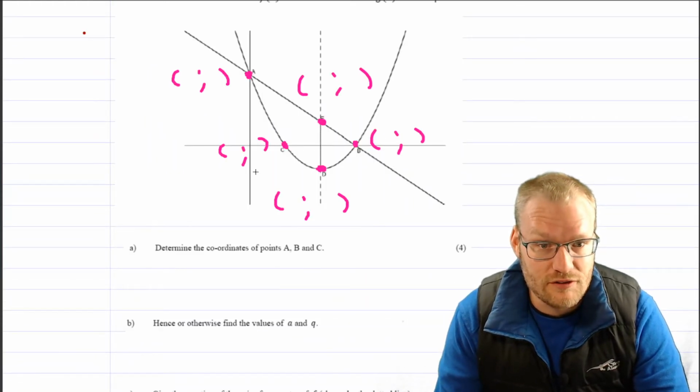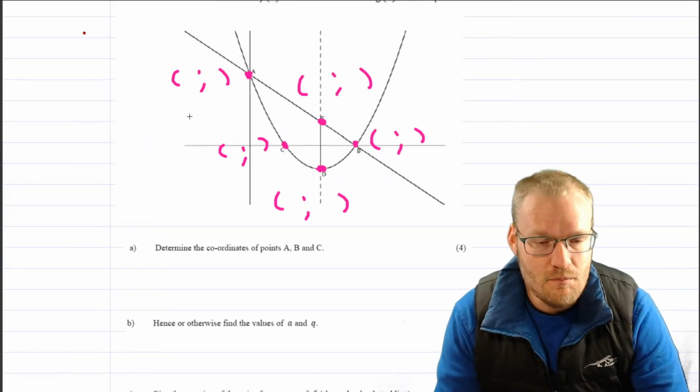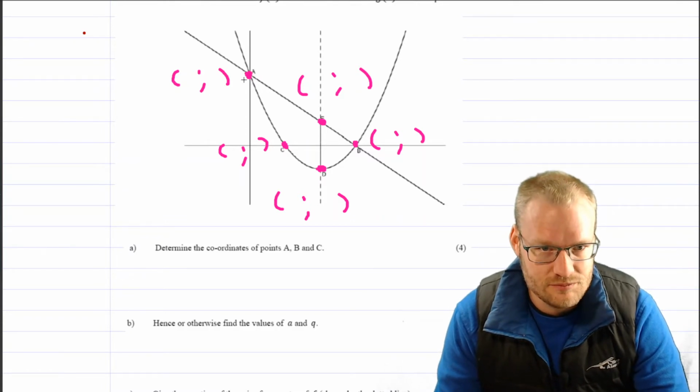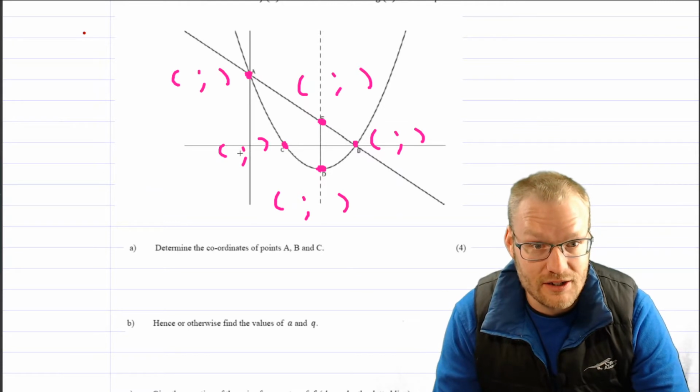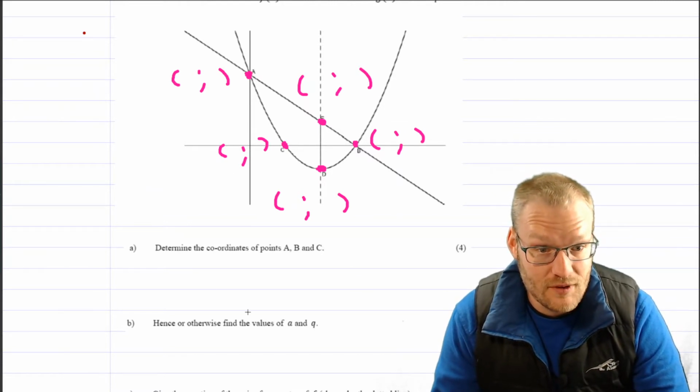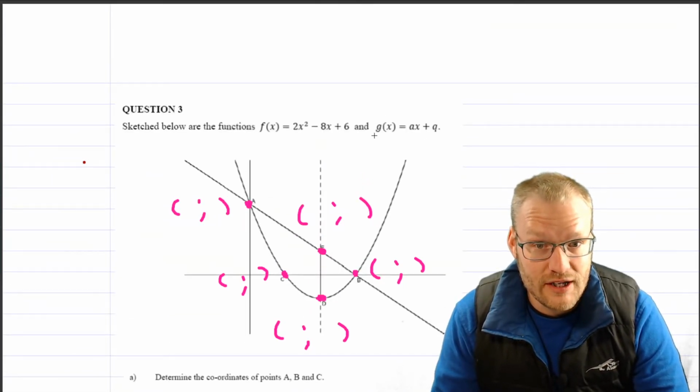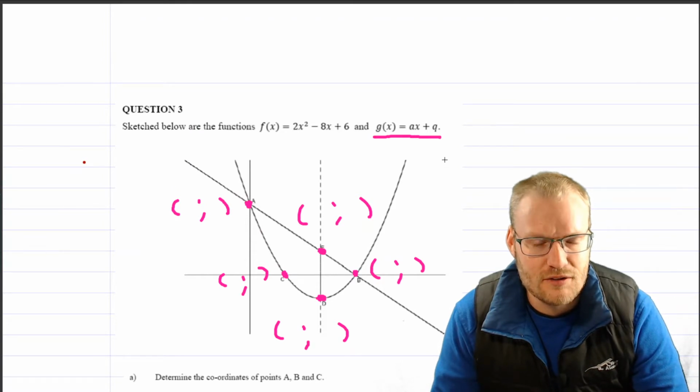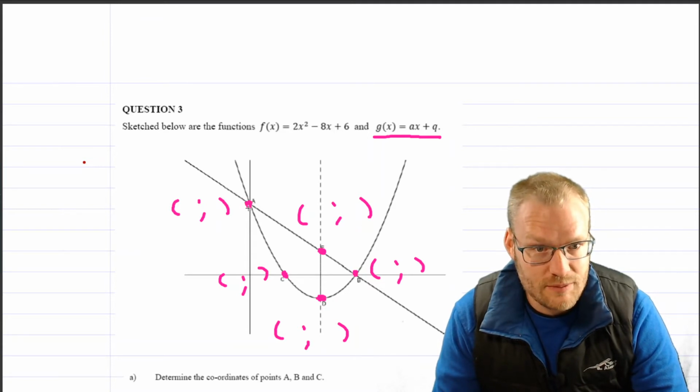So coordinates of A, B, and C: you know something about points A, B, and C, therefore you can find the other bit of it. Values of a and q of the straight line: you will have coordinates for A and for B. What's special about A? That's going to give away something about your straight line. And how do you find the gradient? Well, you know how to find gradient.